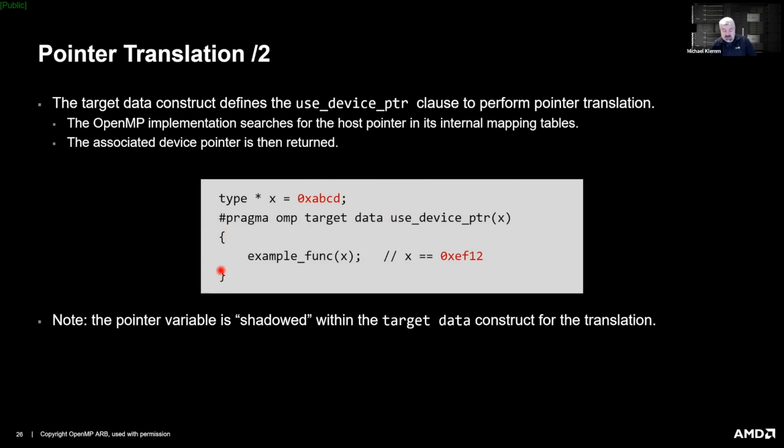Outside those curly braces, even though we're still executing on the host, X is the original pointer. You can think of this as now having two X's: the original X that is valid in the context outside after that curly brace, but inside those curly braces there's an additional X, which basically completely hides that X, and this hiding X is now the device pointer that you can ship to a HIP kernel.